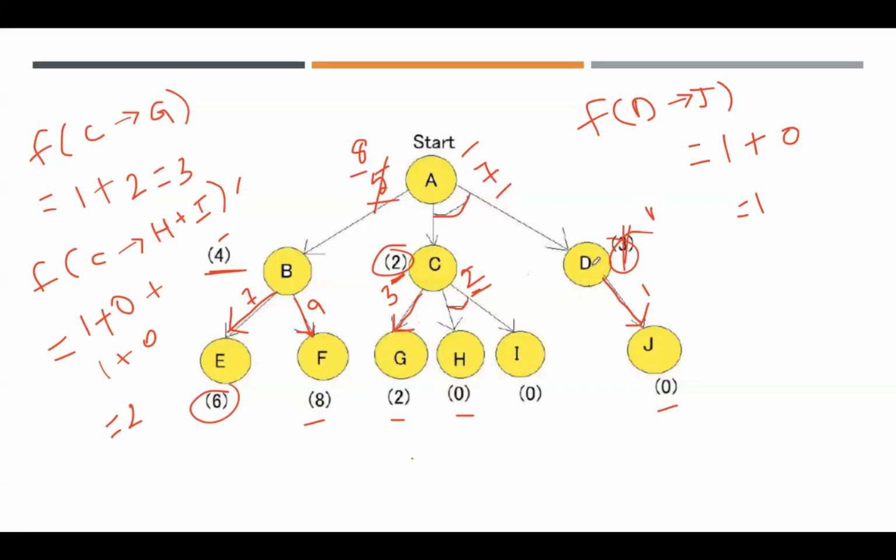As we updated the value of D here, you need to update the A to C and D path value also. So let us calculate f of A to C plus D, which is equal to G of C. Here there is no change in the heuristic value, so you can take it as it is.